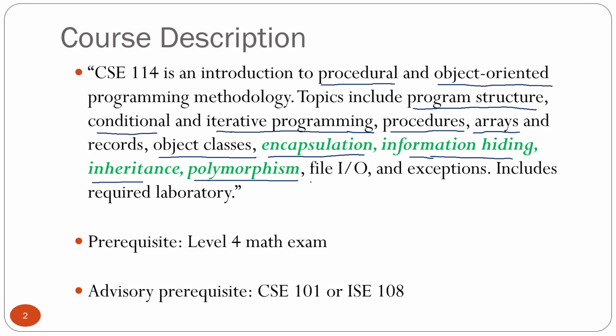After that we will look into the file IO and exception handling. Alright, so these are the main topics that we will go over in CSE 114, and we will have the labs as well. So labs and lectures, right? These are two important meetings for CSE 114.